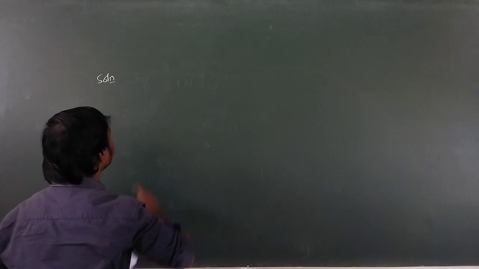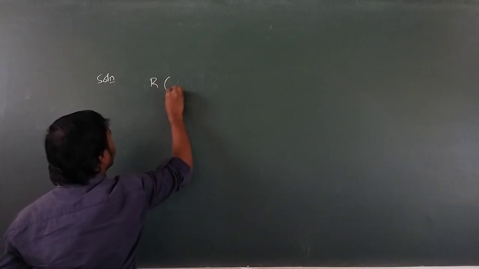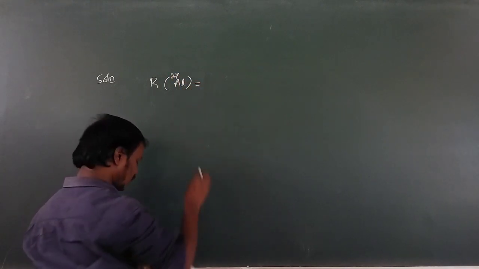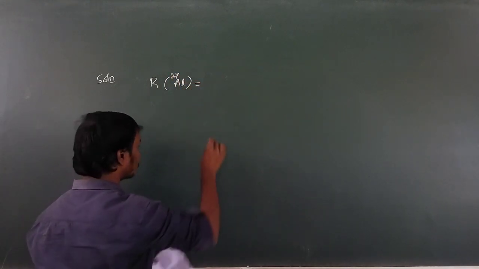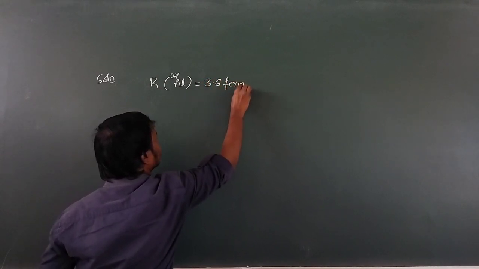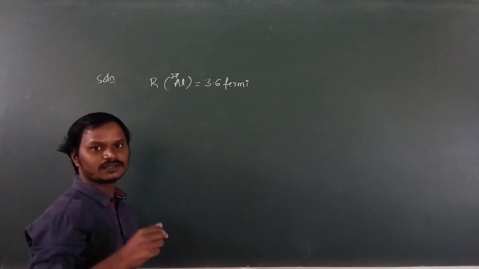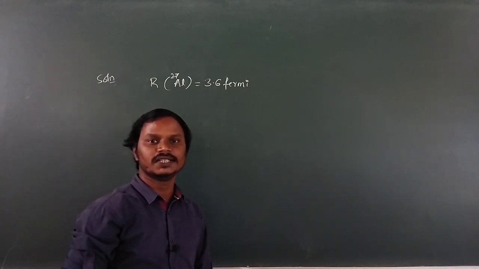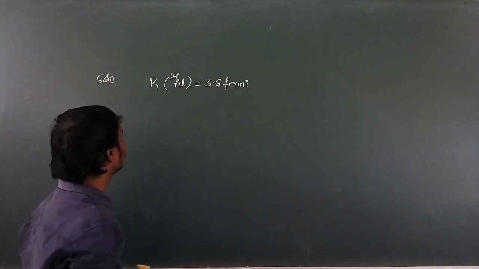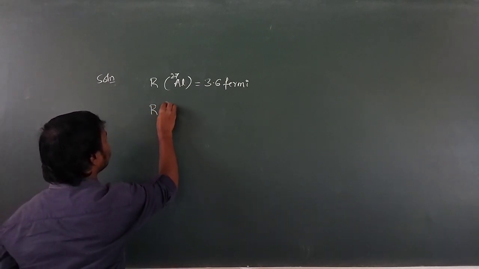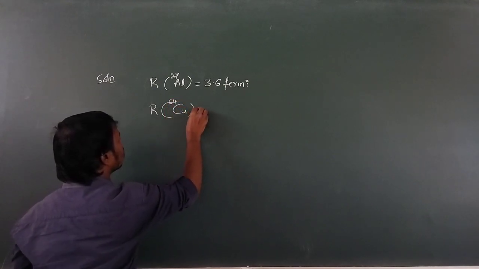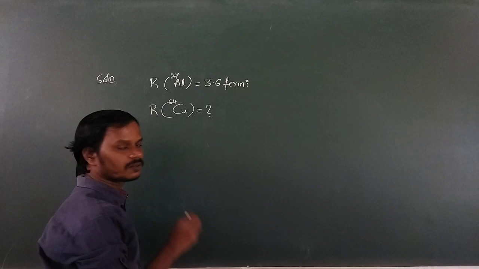The radius of aluminum-27 is given, that is 3.6 Fermi. 1 Fermi is 10 to the power of minus 15 meter, means 3.6 into 10 to the power of minus 15 meter. Our aim is to find the radius of copper-64. So how to find this one?